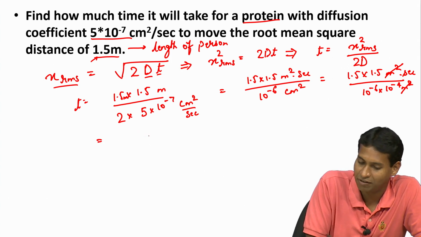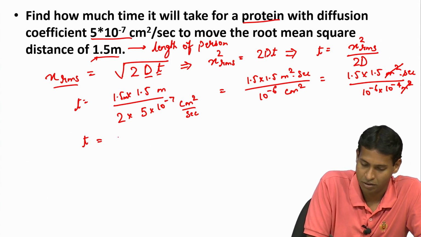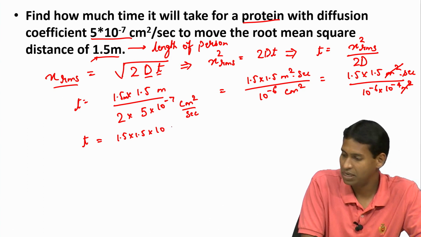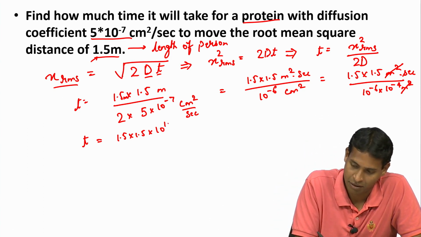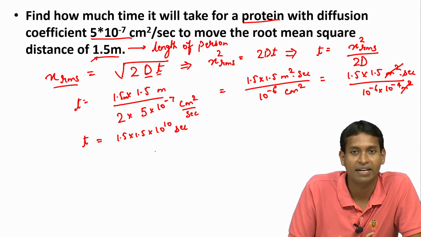So this will then give us t is equal to 1.5 multiplied by 1.5 multiplied by 10 to the power 10 seconds. So now this is quite a lot of time, right?